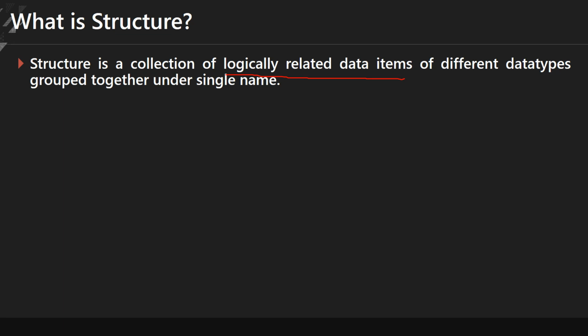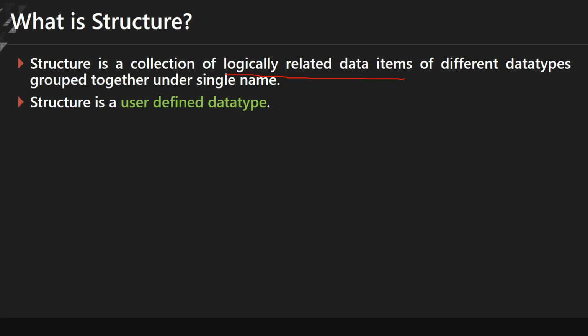Under that, title has a different type, author is a different type, and page number, price, and so on, different data types, will be grouped together under a single name, which is called a structure.